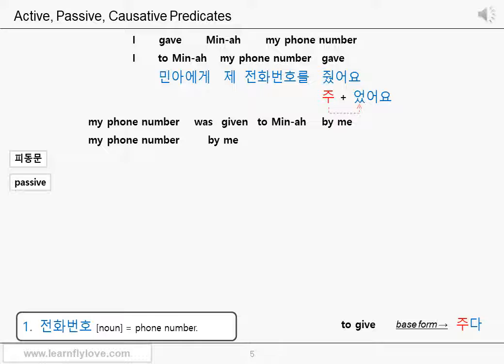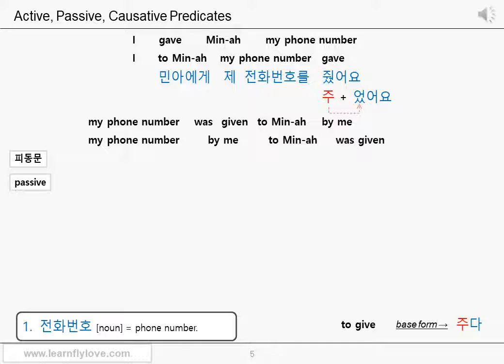Anyway, let's position by me next because it indicates someone who actually gave the phone number to Mina. So it can be naturally positioned before to Mina and was given. Who did you give the phone number to? Yes, to Mina. And the predicate part was given comes at the end. My phone number by me to Mina was given.